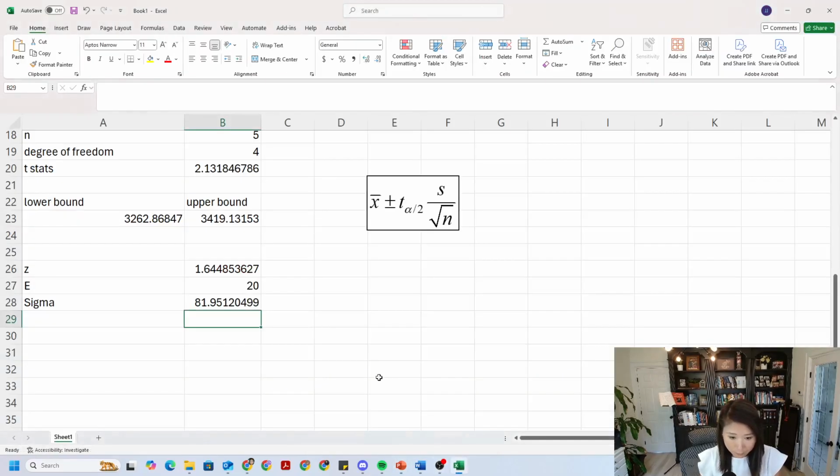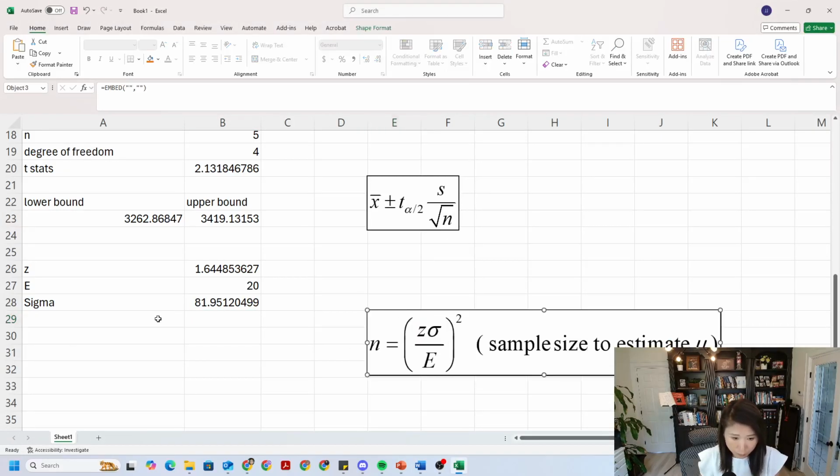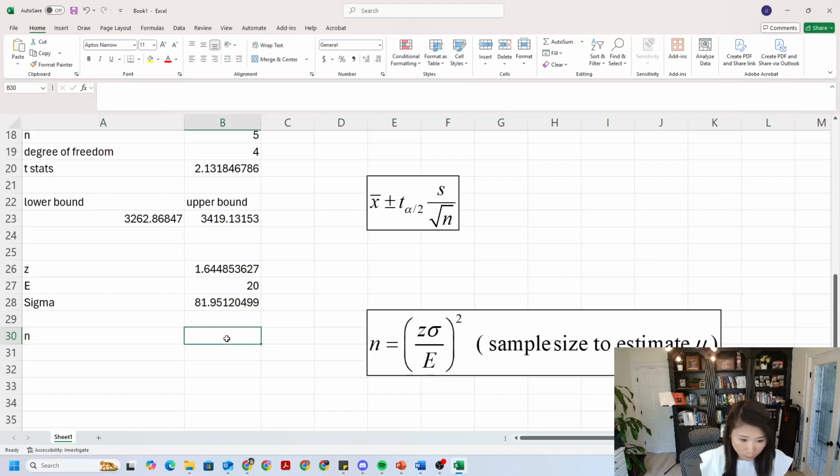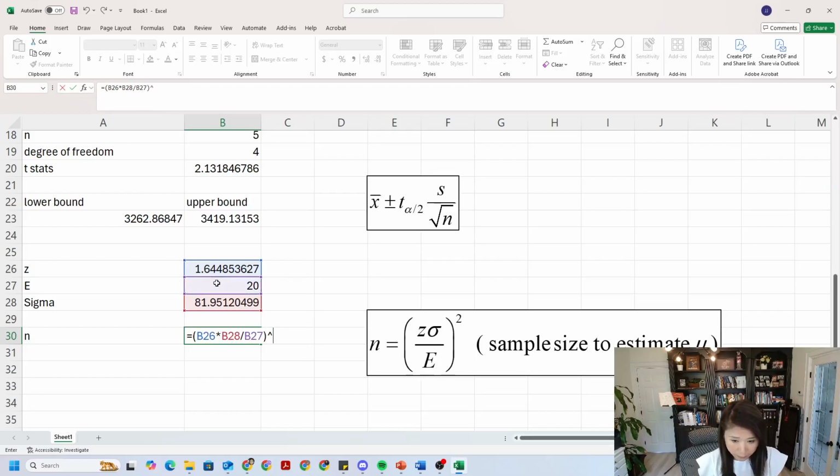I'm just copying the formula back here. Our sample size n will equal parentheses Z times sigma divided by our E, close the parentheses. Don't forget that the power means caret 2.